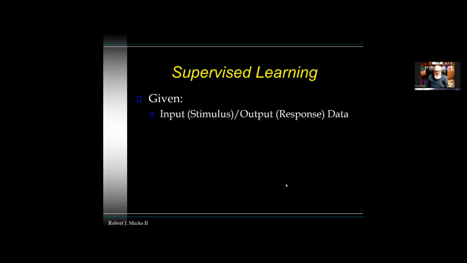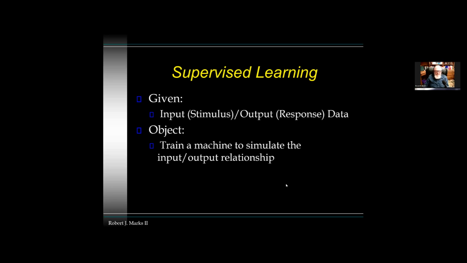First of all, the idea is you're given a stimulus, an input, and you have an output, the response data, if you will. And the object is to train a machine to simulate the input-output relationship. Many times you have equations to describe if you stimulate here, you get a response.